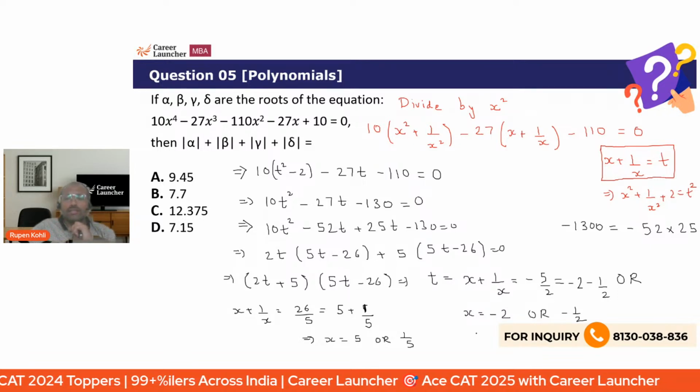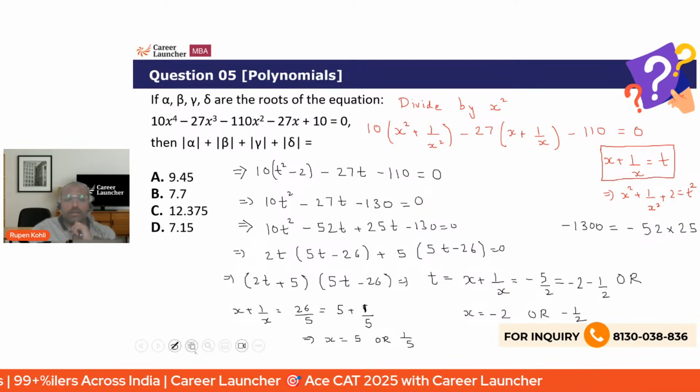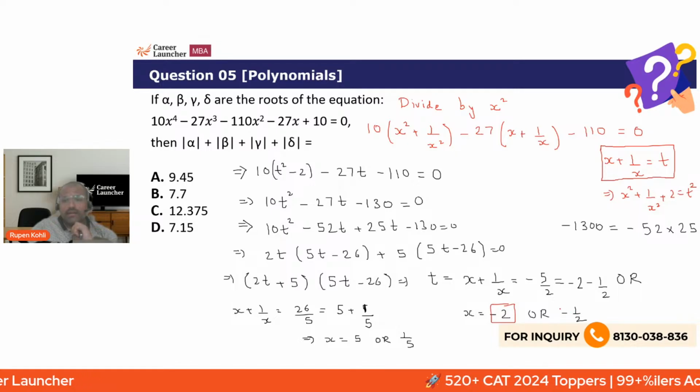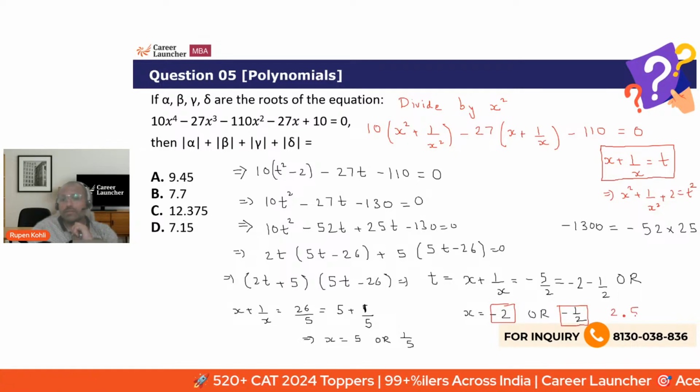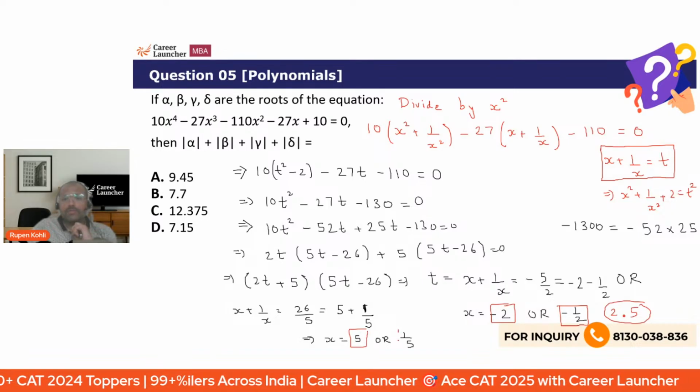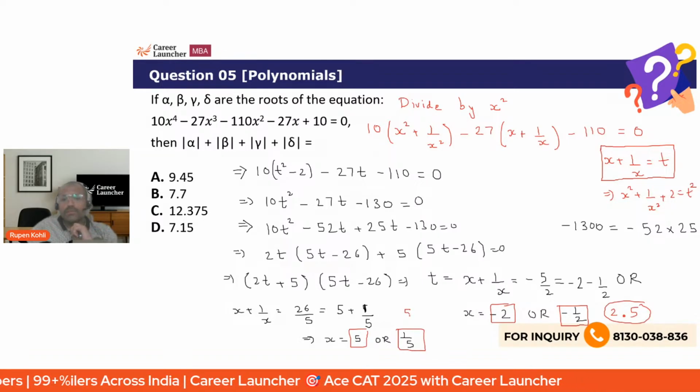Now, what are they in decimal value? Right, you need to add their magnitudes, right? So 2 and half, so 2.5 from here is the sum of the magnitudes of the roots, and 5 and 1 by 5, or simply 0.2, so 5.2 from here.